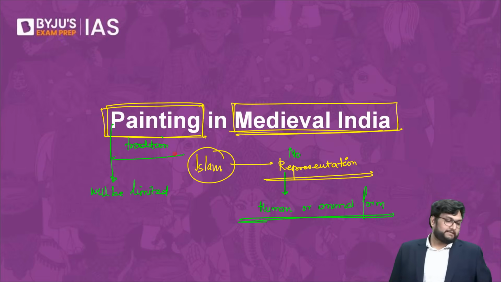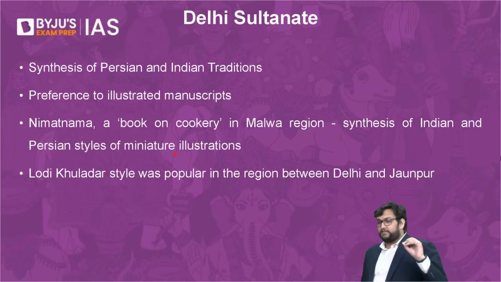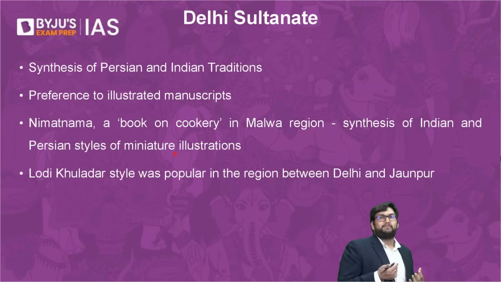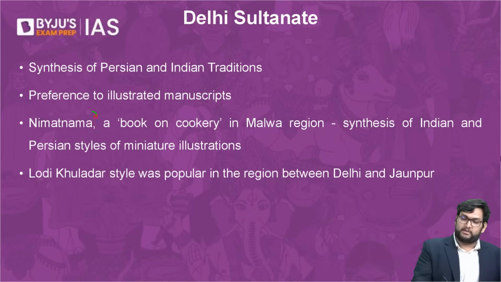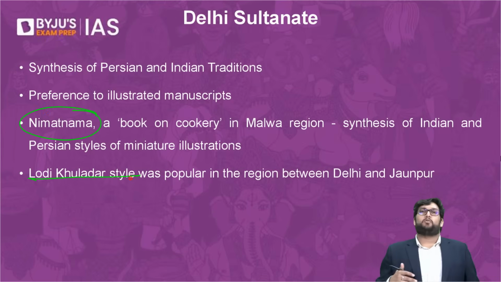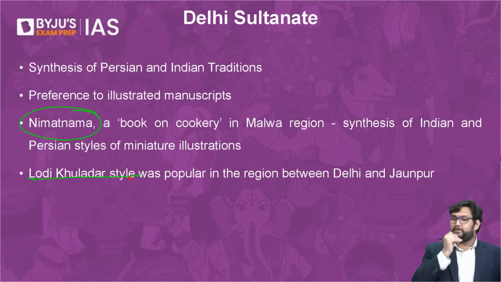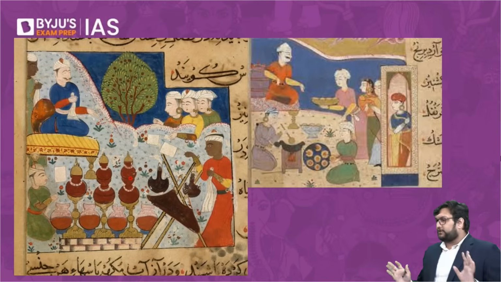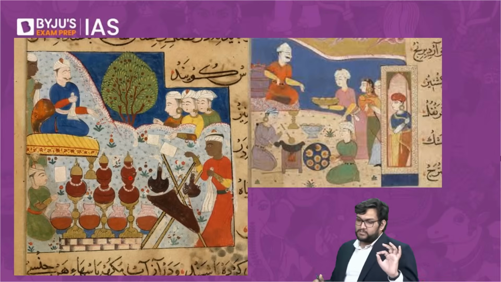In that sense, the Delhi Sultanate was very true to it. They had one book only, called Niyamat Nama, which is a book on cookery, basically on how to make food, in a Lodi Khuladar style, a basic, very simple style of painting. There was no proper tradition of paintings in the Delhi Sultanate. They made a lot of different things, but they were not ready to move beyond just this basic point.